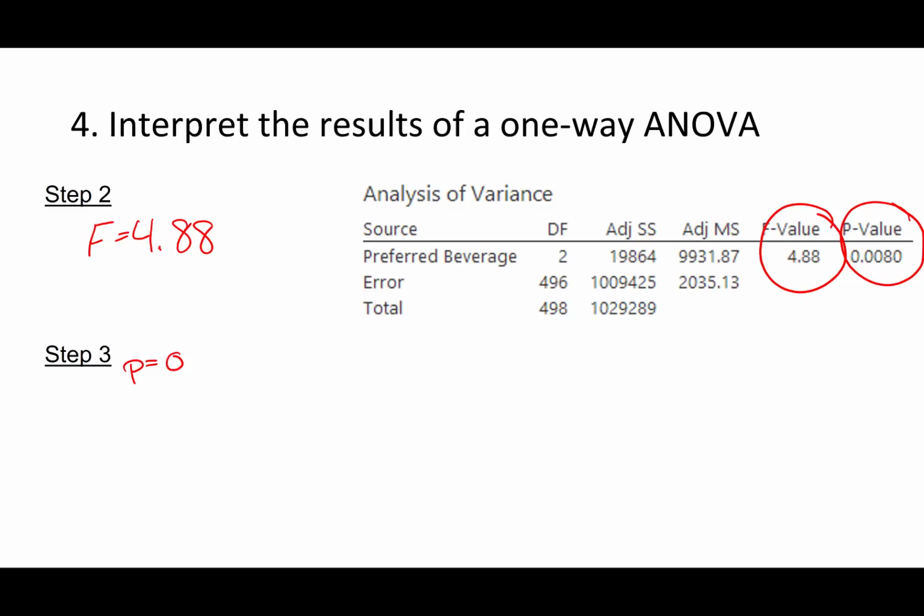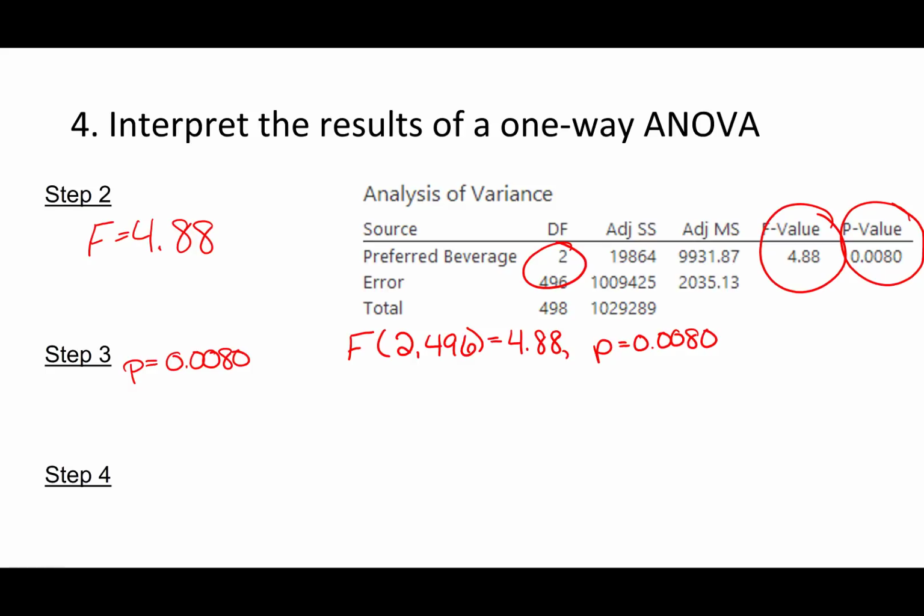P equals 0.0080. If this were reported in an article, it might be written as F with 2 and 496 degrees of freedom equals 4.88, comma, P equals 0.0080.